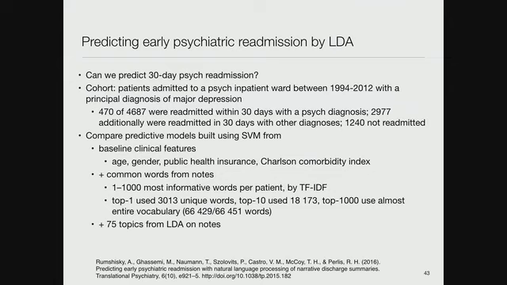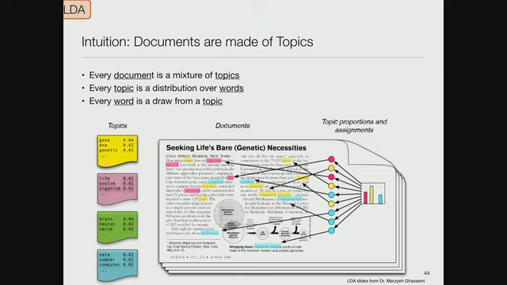And then we said, well, instead of doing individual words, let's do latent Dirichlet allocation, so topic modeling, on all of the words as a bag of words, so no sequence information, just the collection of words. And we calculated 75 topics using LDA on all these notes.